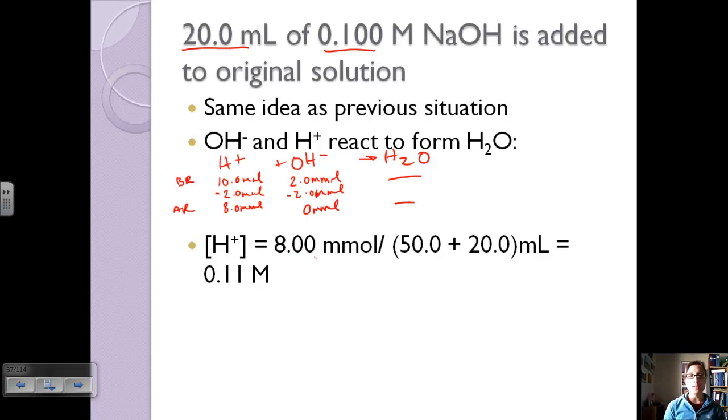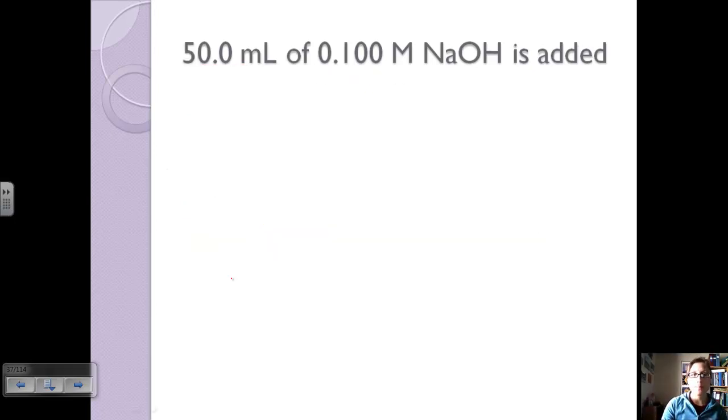Just like we did before, we take the millimoles of H+ left, that came from here, and divide it by the total volume of solution. In this case, we had 50 of the nitric acid, and now we have 20 milliliters of the sodium hydroxide, and that gives us 0.11 molar. Then we can determine our pH by taking the negative log, and we get 0.942. So it makes sense. Our pH is going up.